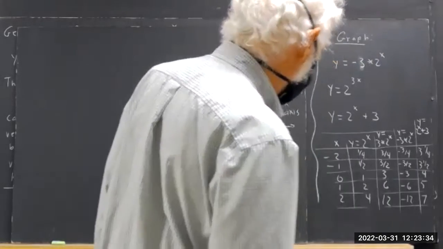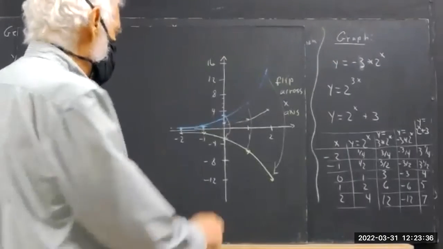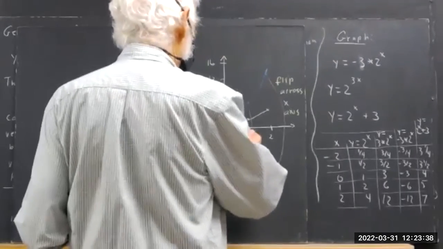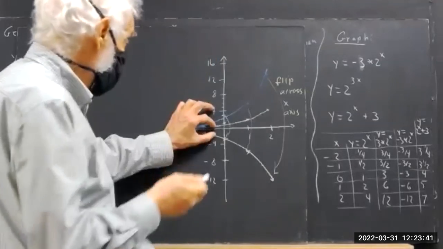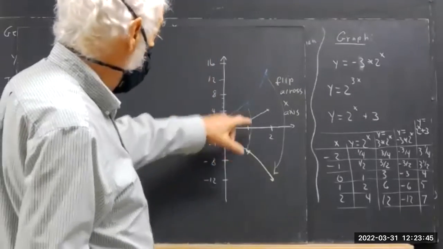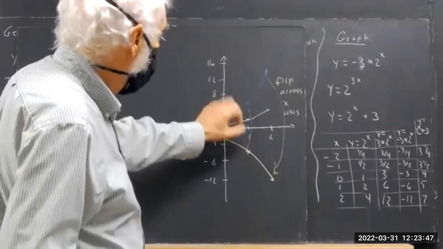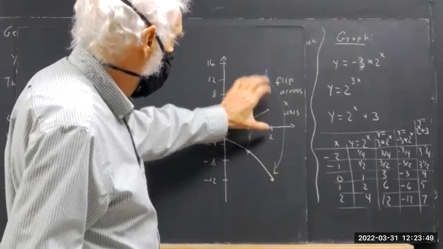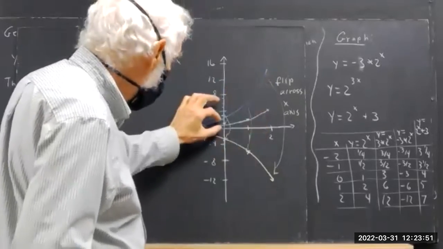And what we're going to see is it's just going to take the 2 to the x graph, which is here, just going to lift it up 3 units. Every point's going to move the same distance, unlike from here to here, where the points that have bigger y coordinates move further than the points that have smaller y coordinates.